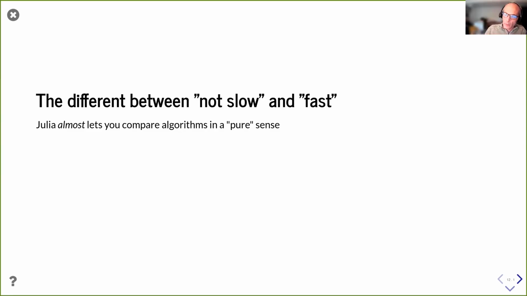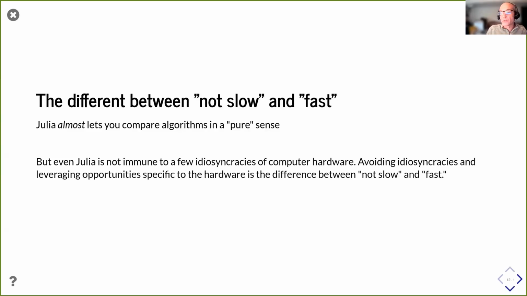And that's almost true, but it's not true in every circumstance. The difference is that while Julia, the language, doesn't impose barriers that are artificial or idiosyncratic about a particular implementation, computer hardware does. And since Julia runs on computer hardware, there's really nothing that Julia can do about that.